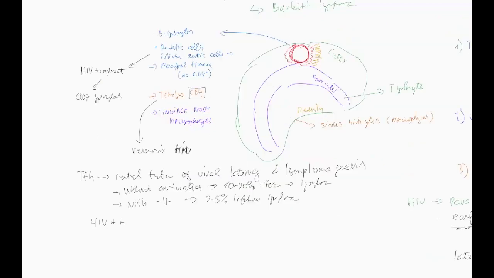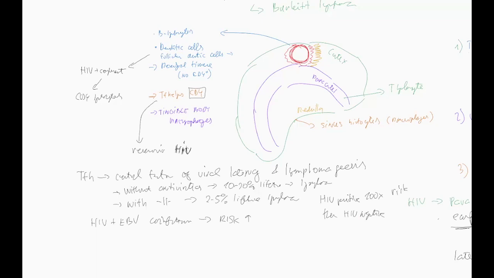The combination of HIV and EB virus, this co-infection, increases the risk a lot. HIV positive patients have about 100 times bigger risk than HIV negative patients.